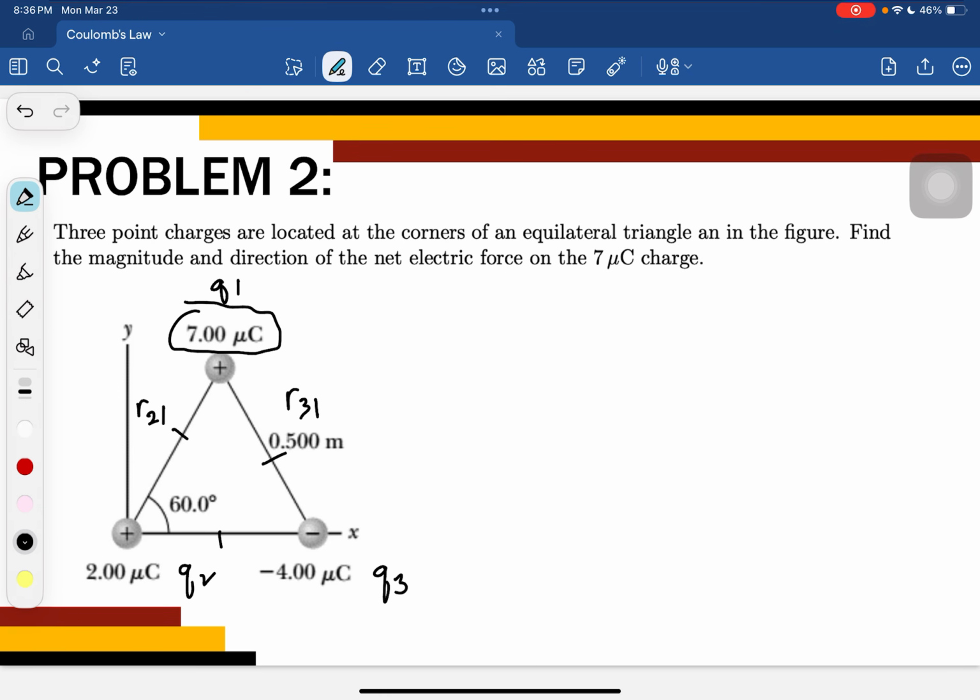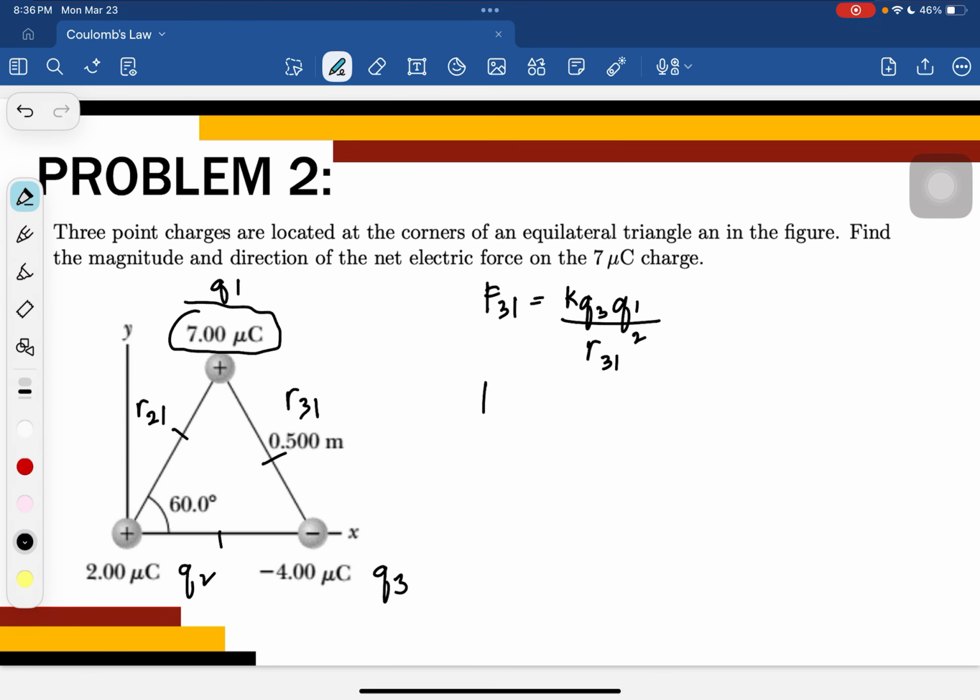So let's get the forces first. Let's have F31, since it's nearer on my end. So this is k Q3 Q1 over R31 squared.